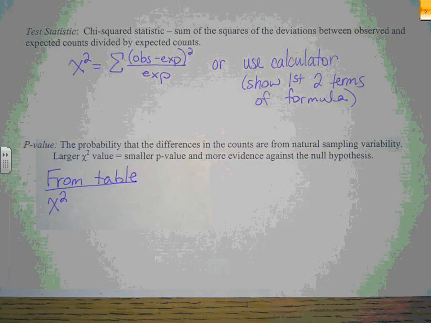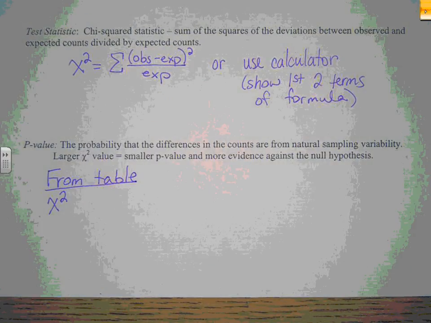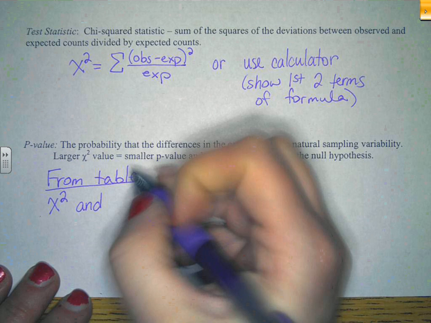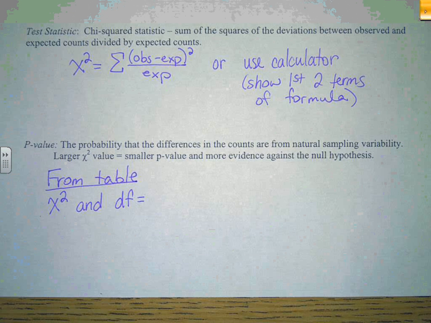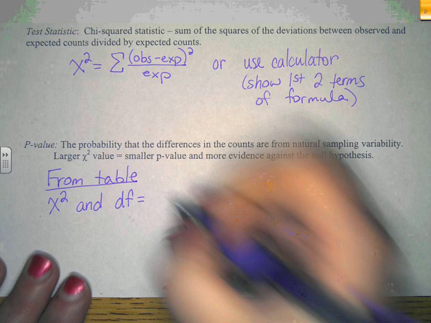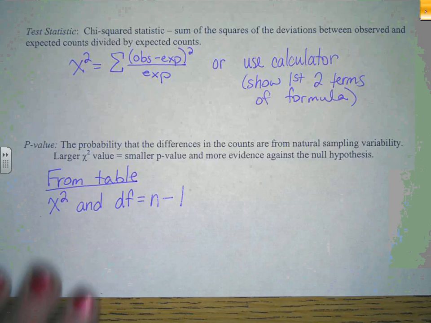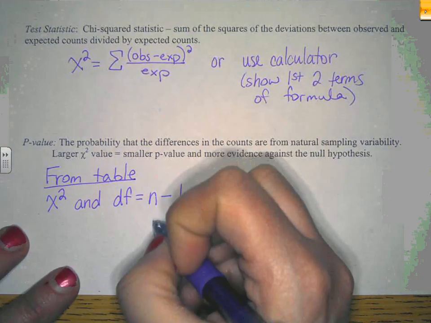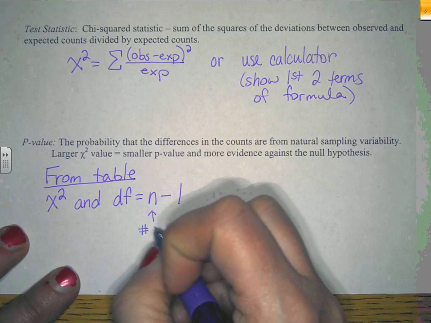And I'm going to show you using what we did yesterday. All you do is look up the chi-squared value that you calculate, and then you find what's called your degrees of freedom, which we've done before. The degrees of freedom is n minus 1, where n is the number of categories that you have.